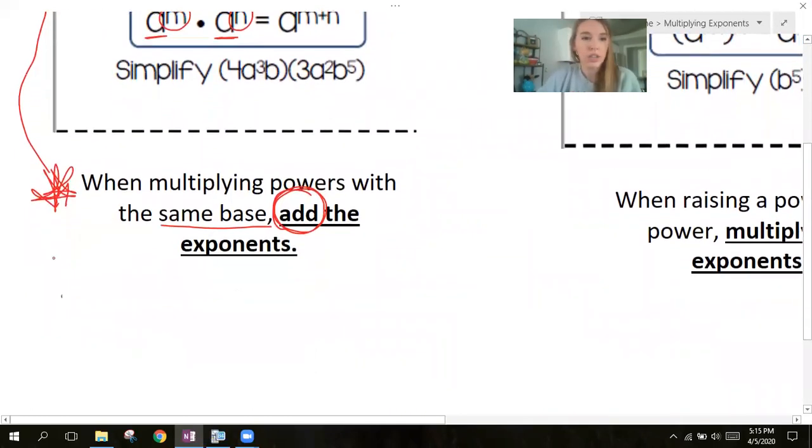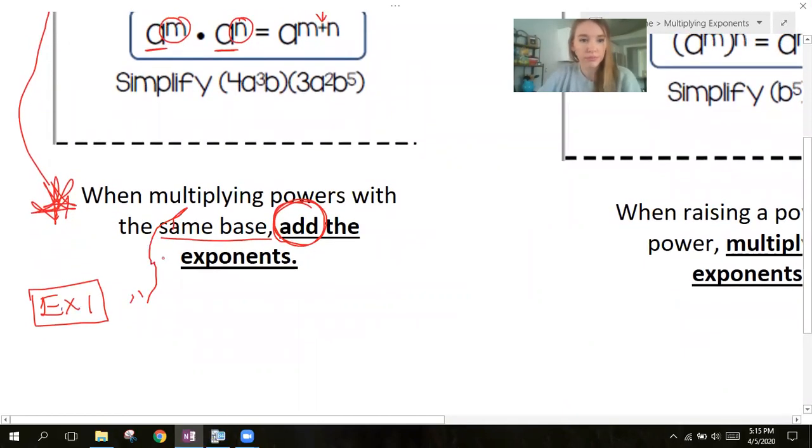We can call this example 1. Go ahead and write this down with me. We have 4a to the third power b, and since b is not raised to any power, it's understood to be 1.